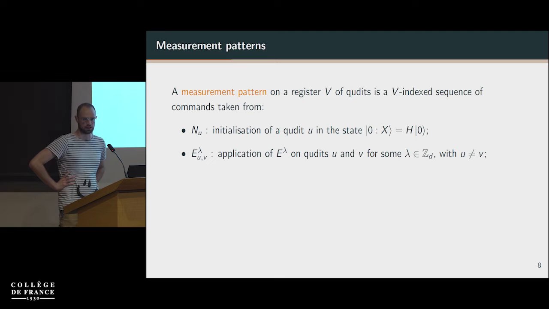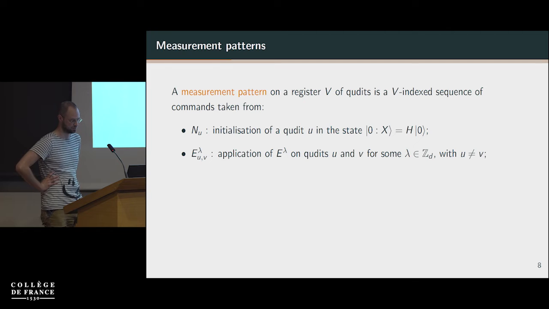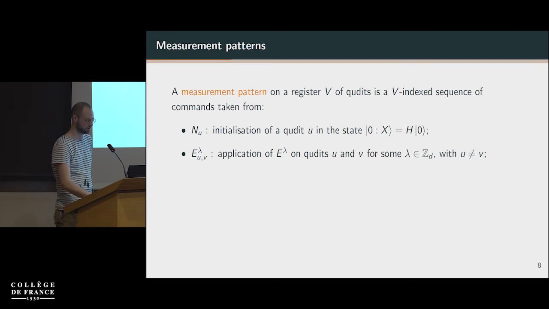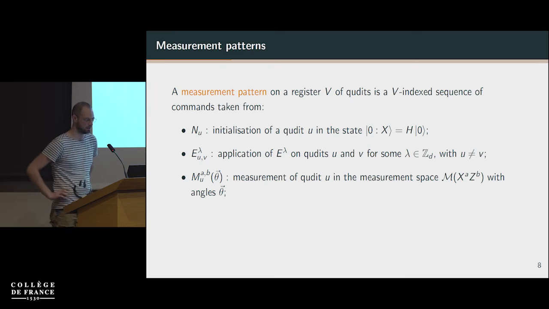We have the entangling operation, which simply applies our controlled phase on a pair of Qudits u and v with some exponent lambda. We have a measurement command, which here performs a measurement in the measurement space associated with the Pauli X^a Z^b, with the corresponding angles.